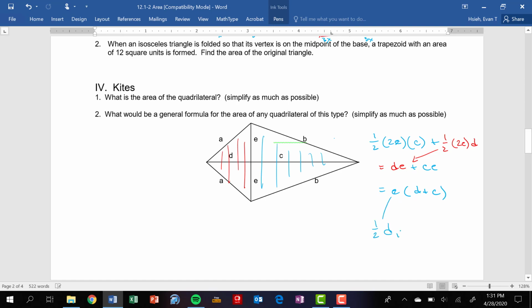Let's call it diagonal 1. And this guy will be the other diagonal. D plus c is the other diagonal, diagonal 2. So the formula for the area of a kite is 1/2 of diagonal 1 times diagonal 2. And if I flip over to the next page, I'll try some example problems.